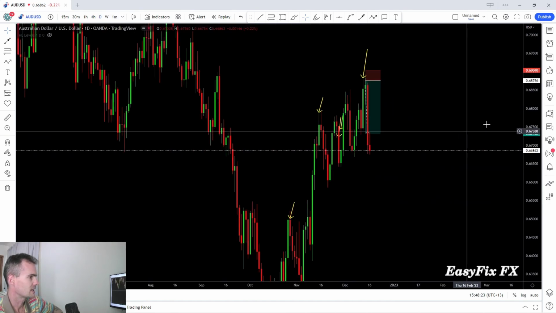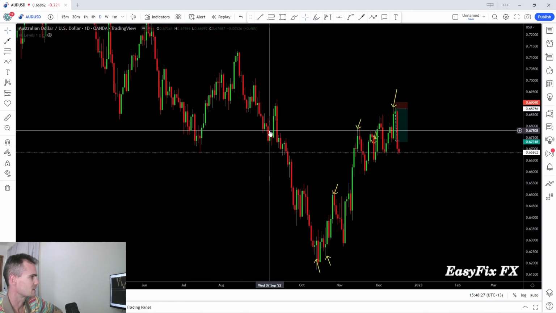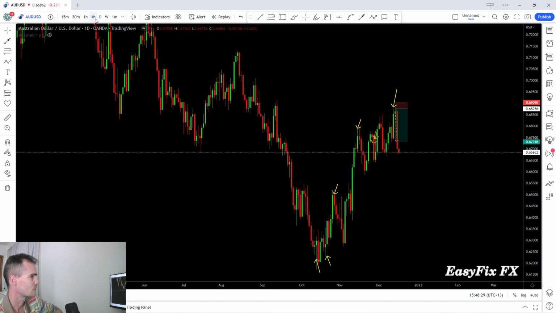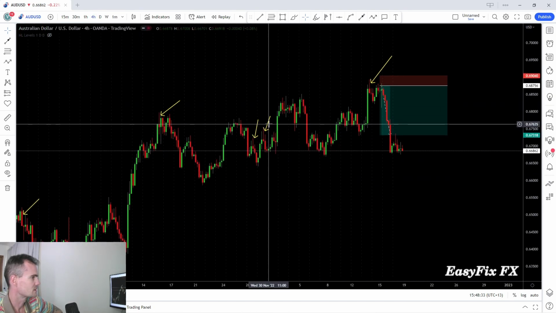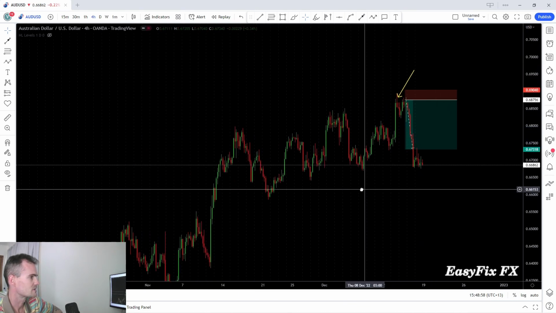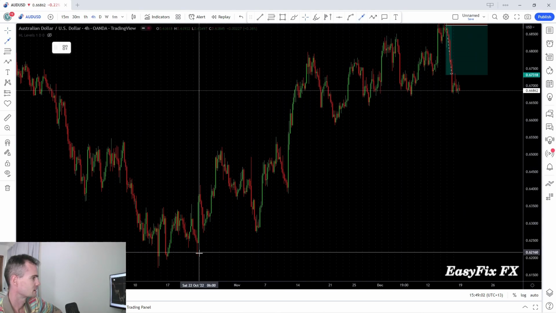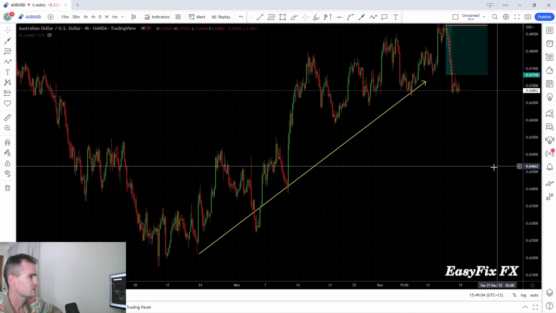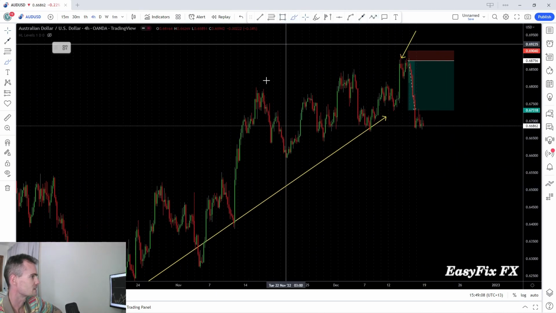I'm also looking at the daily for structure, but I'm basing my entry off of the 4 hour. So the main reason for this entry over here was, let me just remove these quick. Okay, so the main reason for this entry was, you can see that the market is pushing up, but it's starting to slow down quite a bit.